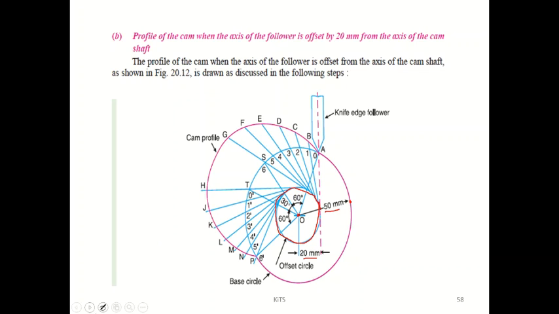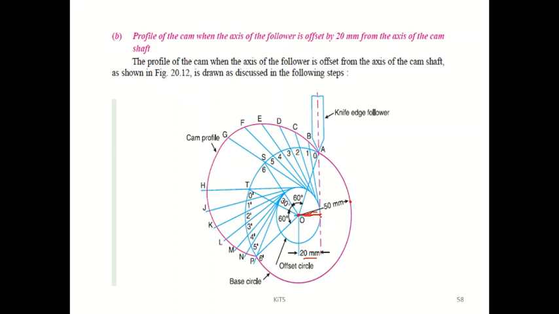Okay, so now we have drawn two circles. For me it's left.